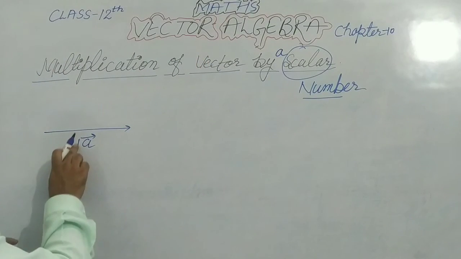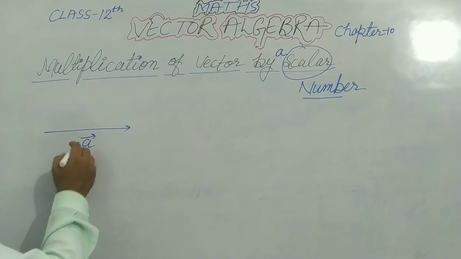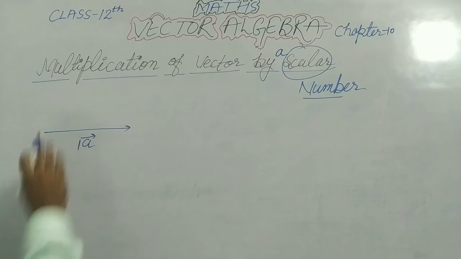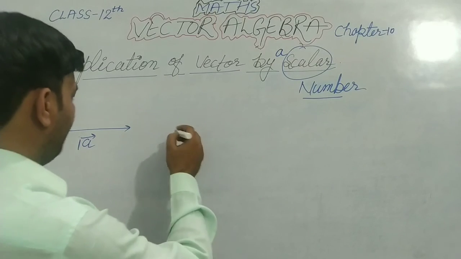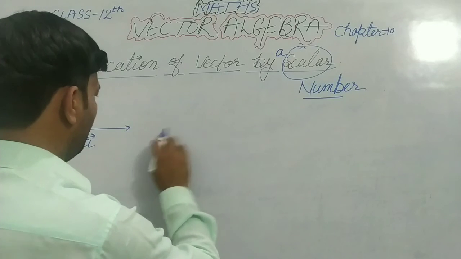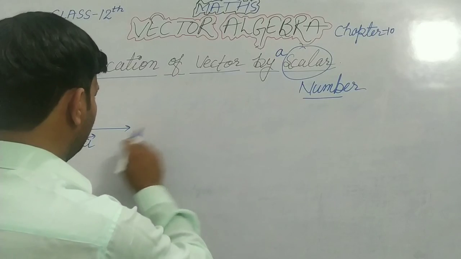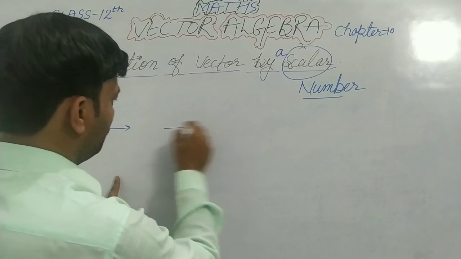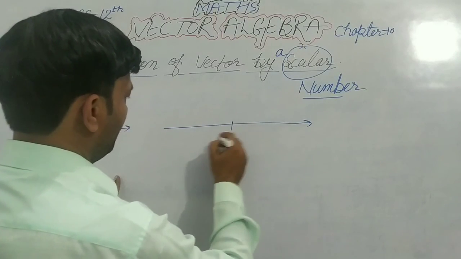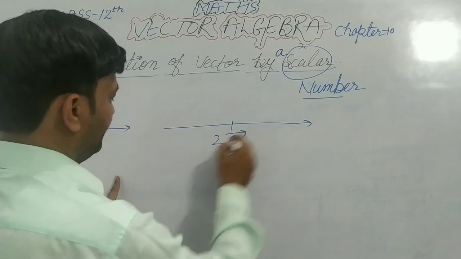So now we have one vector a. If we multiply this vector by scalar 2, we will get the vector 2a, isn't it?